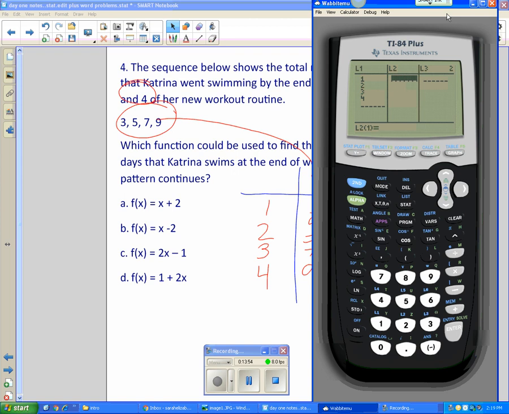This is the next one. Okay, so I press stat, go over to calc, down to number 4, enter, enter, enter, and you should get that, okay? All right, Ethan H., what should I write on my paper?